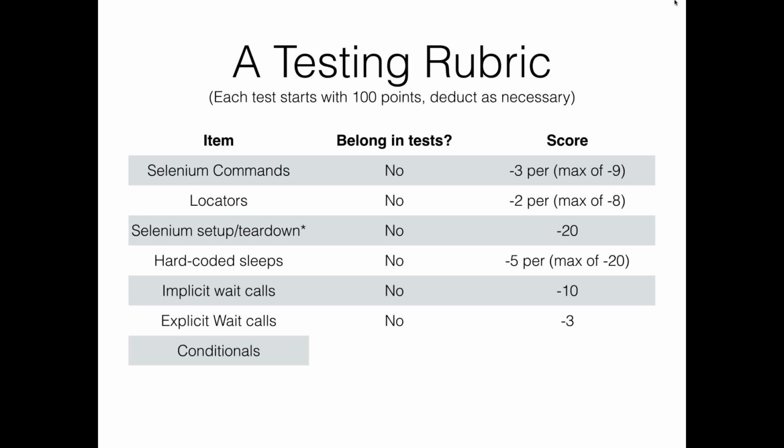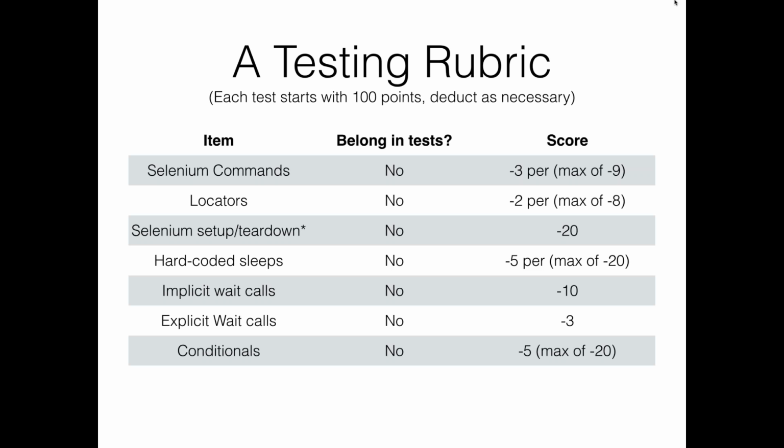And then conditionals. There should be no conditionals in your test. So you should go ahead and deduct points for each one you see. And this gets back to cleverness. As a hint, if you end up seeing conditionals where a test should only run under certain conditions, or if the page is this, then it should do this versus that, that kind of stuff is a hint that it should belong somewhere else, potentially an abstraction in your page objects, or potentially you need to rethink how you're actually writing your test.